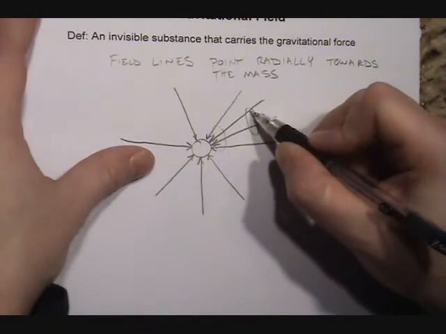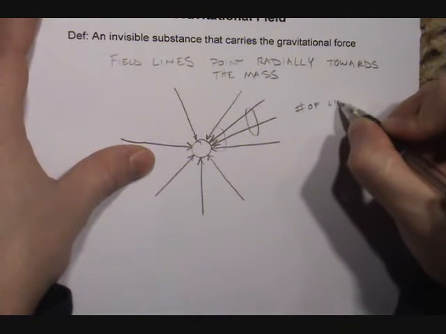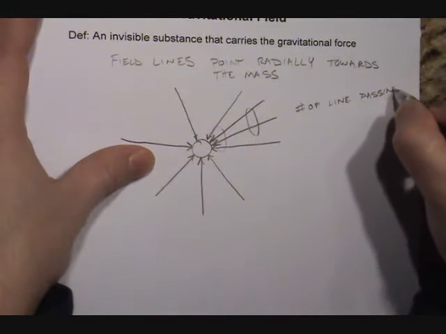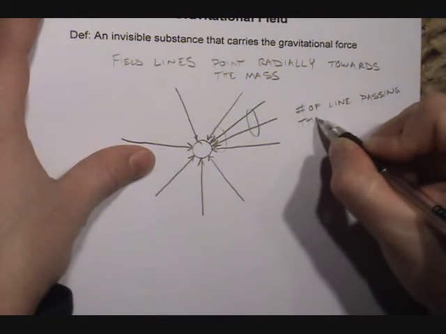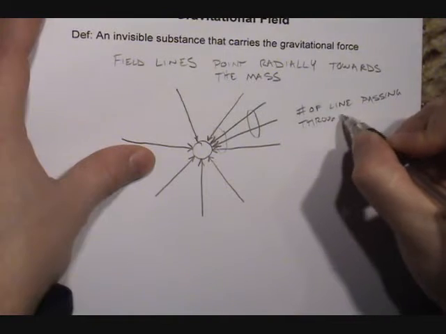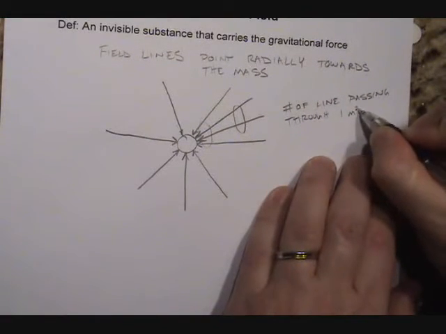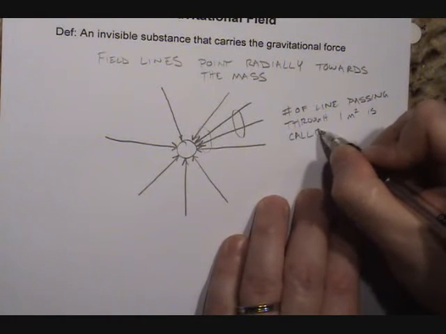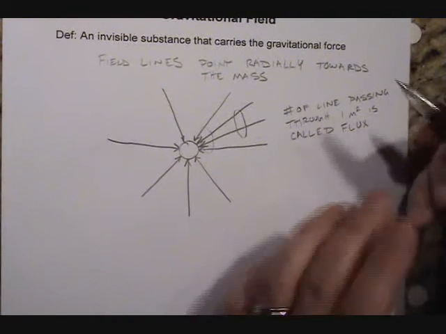So the number of lines that pass through a point, and in this case we're talking about an area, this is called the flux. Again, you're not going to be tested on it.